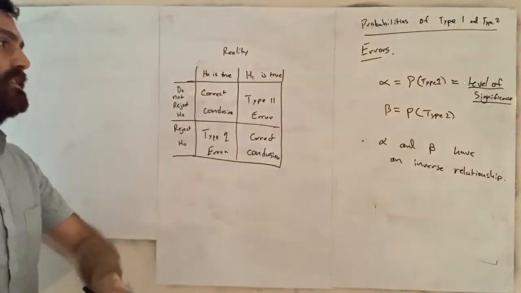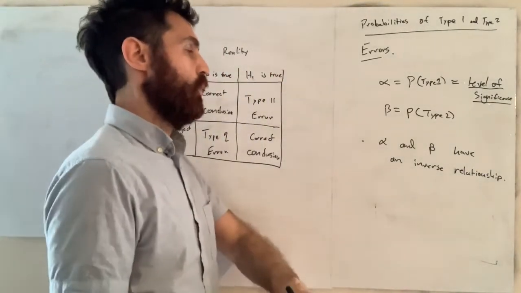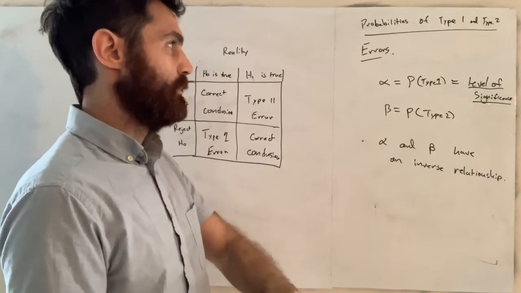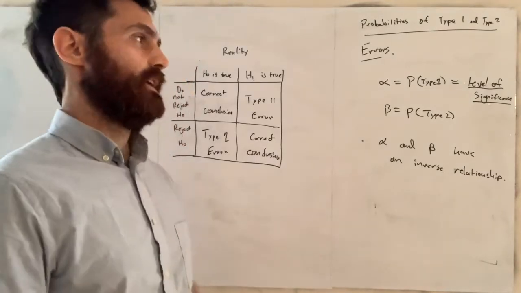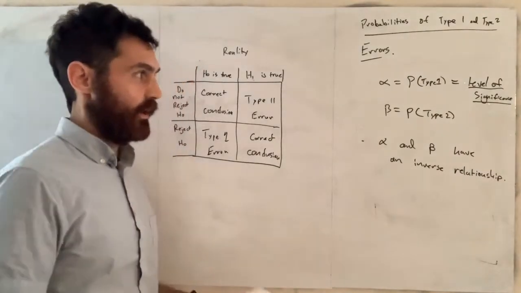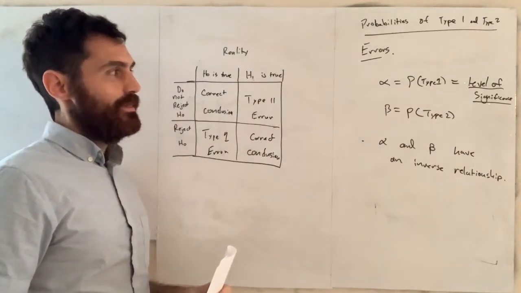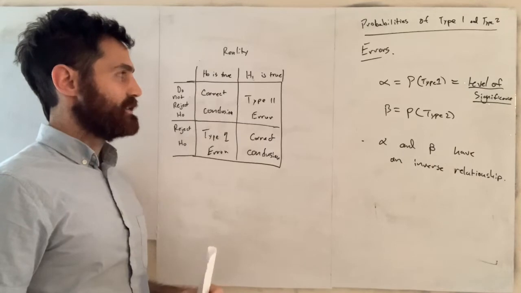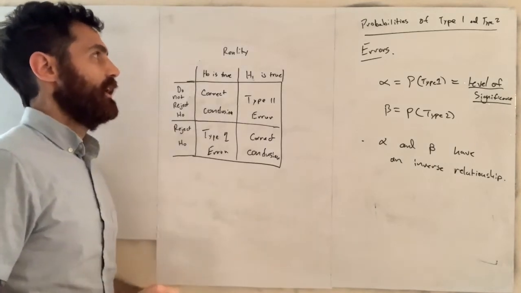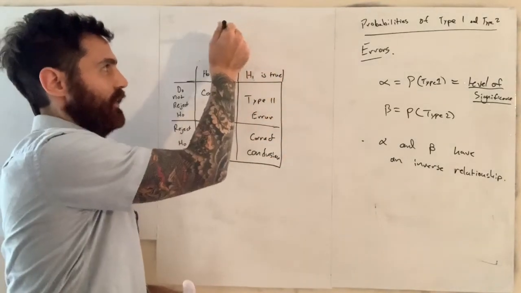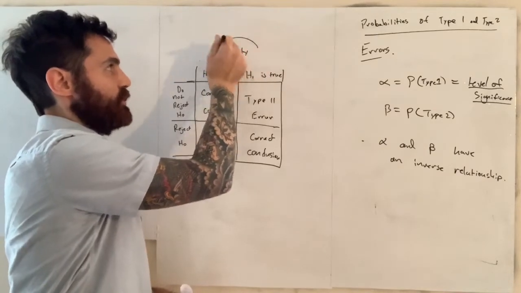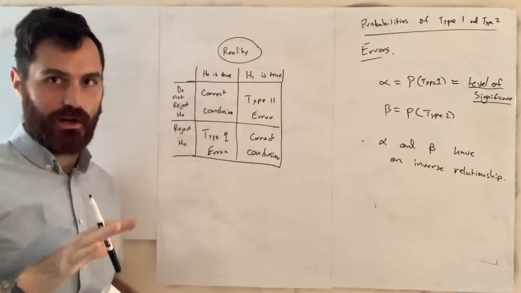Okay, so this is a little bit weird because what do we mean by probability of making a type 1 error? Well, this comes from the fact that you can actually never really tell the 100% reality of a situation.